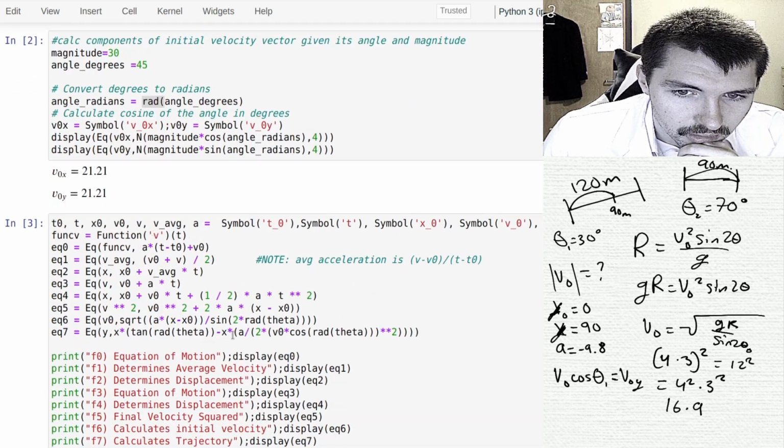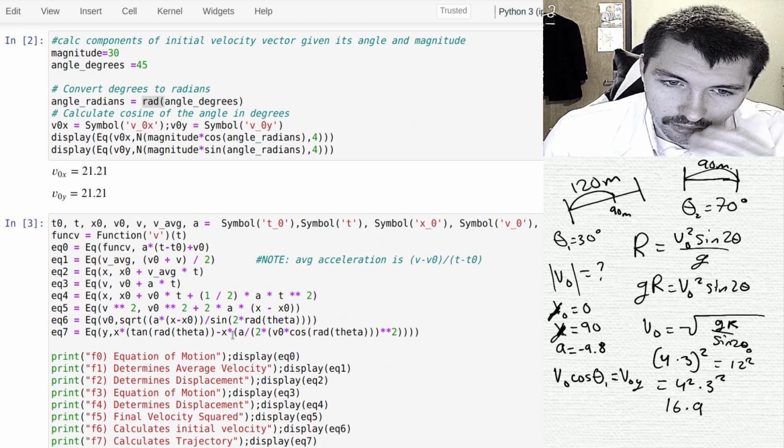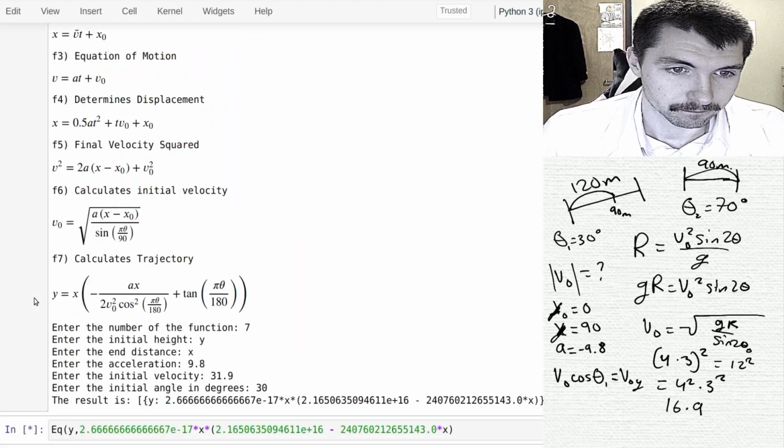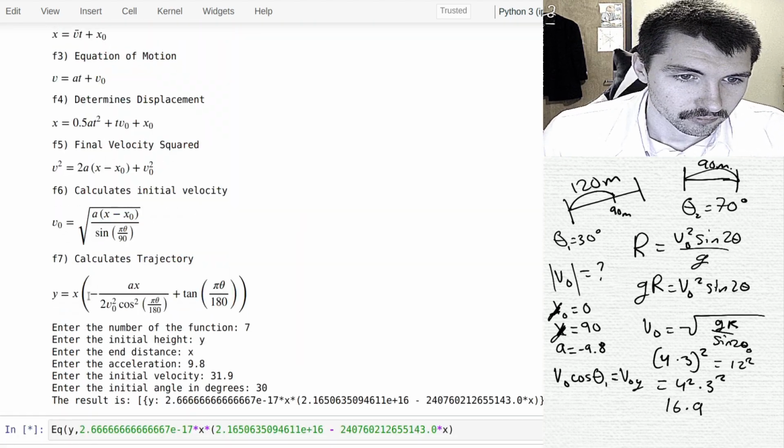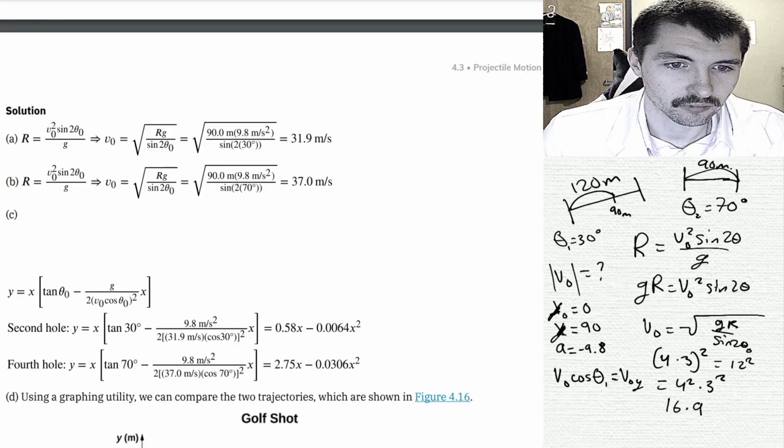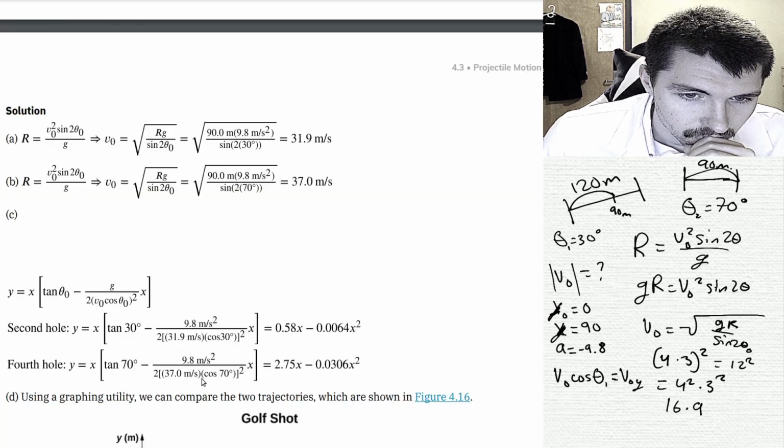X should be... that is right. A x, a x squared.